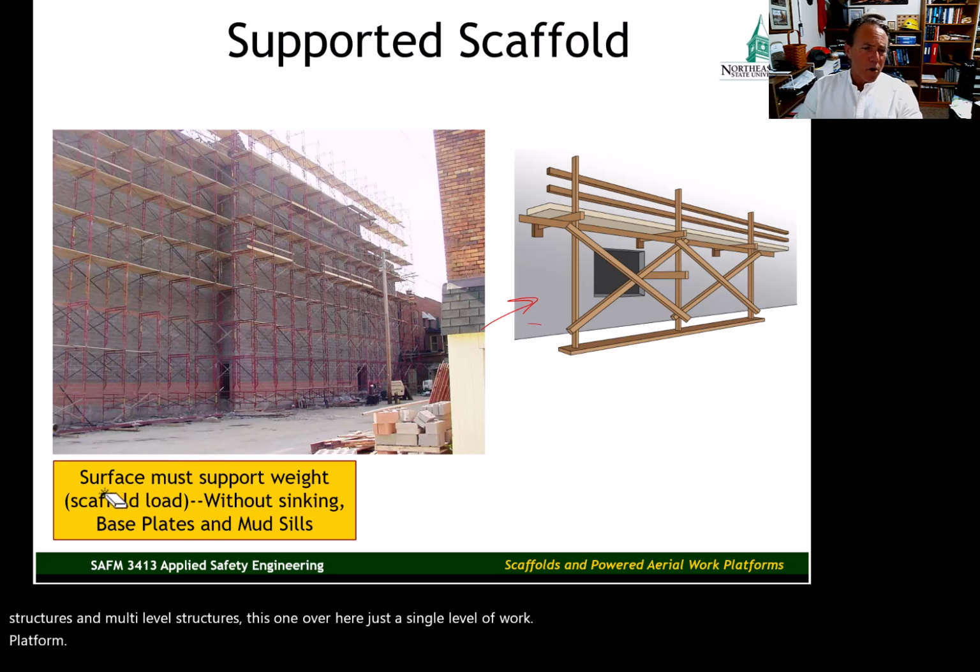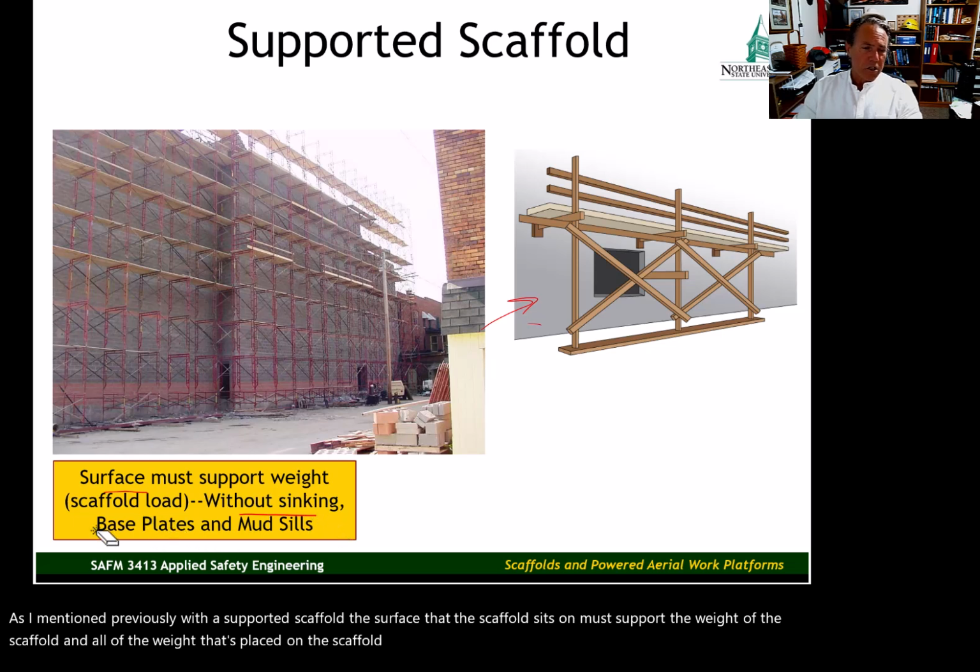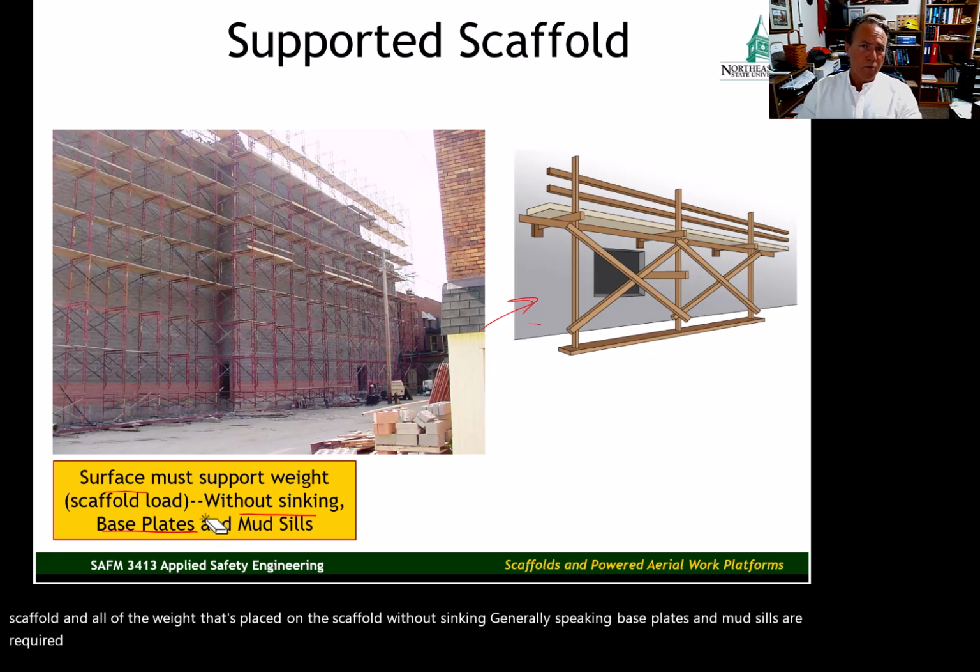As I mentioned previously, with a supported scaffold, the surface that the scaffold sits on must support the weight of the scaffold and all of the weight that's placed on the scaffold without sinking. Generally speaking, base plates and mud sills are required to prevent the scaffold from sinking into the soil that it's sitting on.